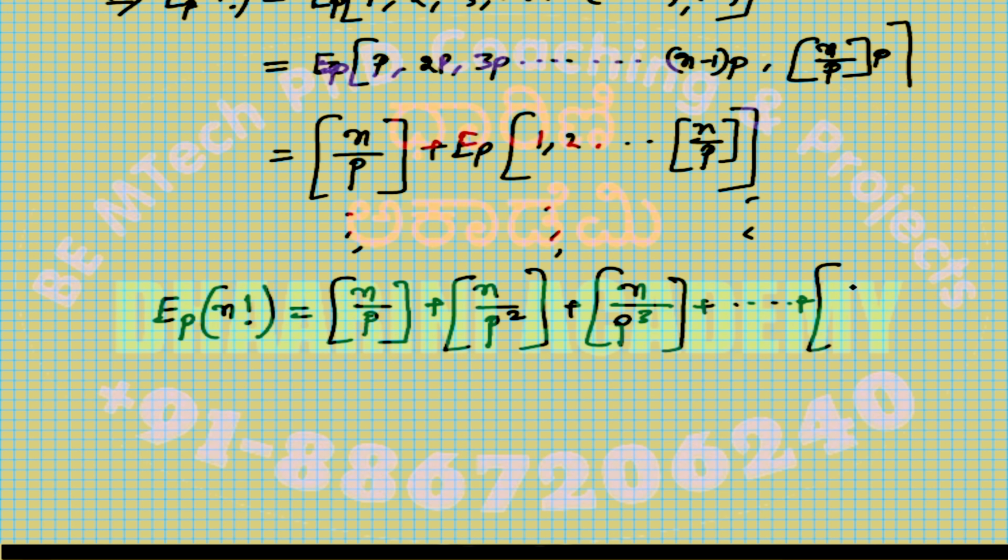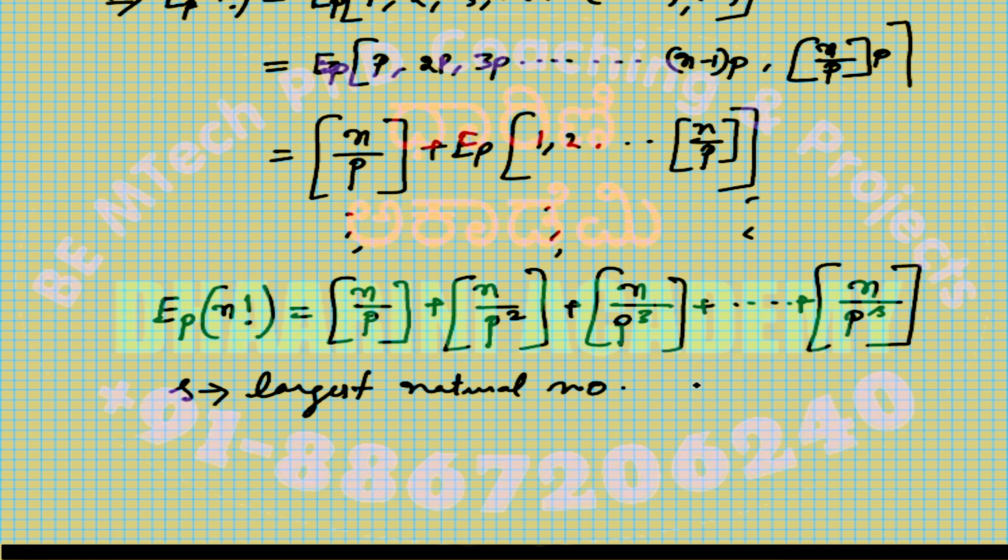This has to be repeated up to n/p to the s, where s is the largest natural number such that p to the s is less than or equal to the number which you are trying to find, which is less than p to the s plus 1.